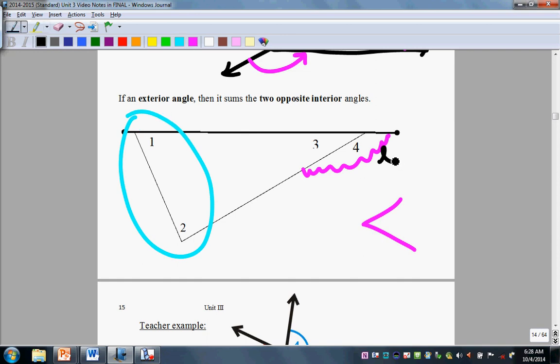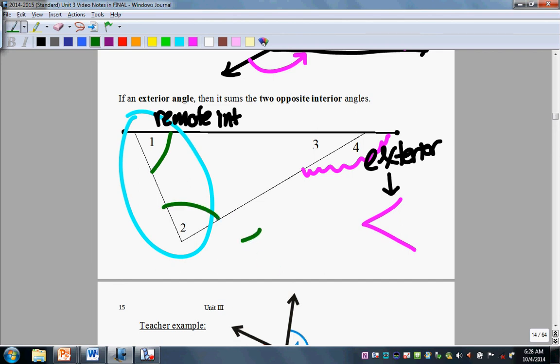So here we have an exterior angle. That exterior angle equals the sum of what's called the remote, far away, interior angles. So the remote interior angles add up to that one exterior angle.